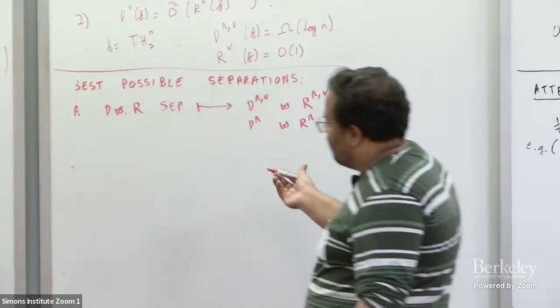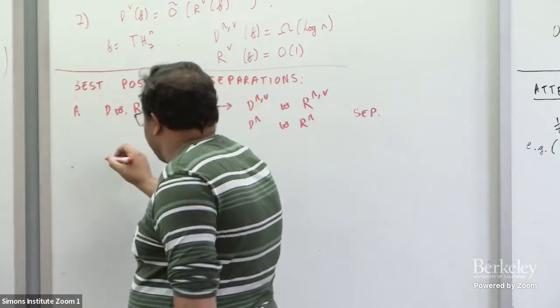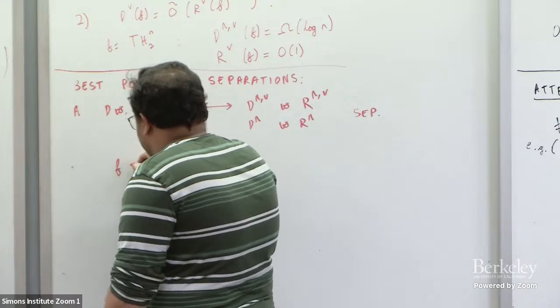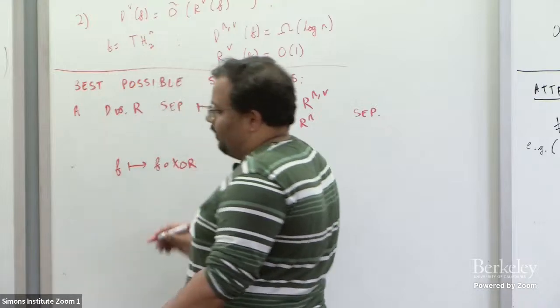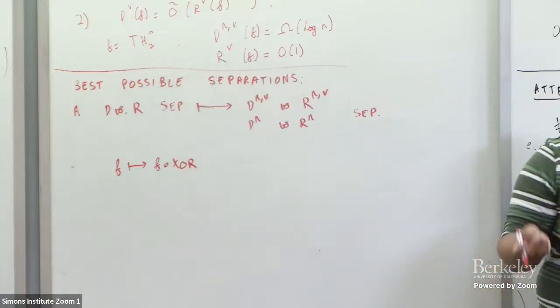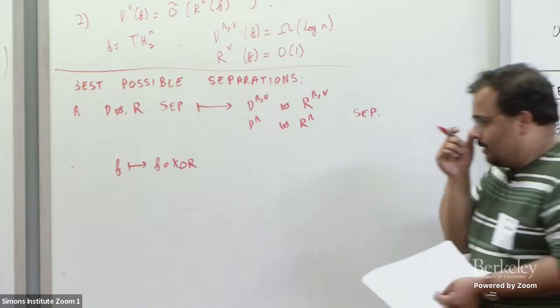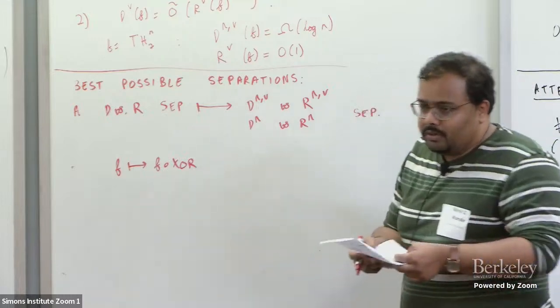Here's a simple argument for constructing such an f prime: just replace f by f composed with XOR on 2 input bits. So each of your n inputs, just replace it by an XOR on 2 input bits. So you now have a function on 2n inputs.